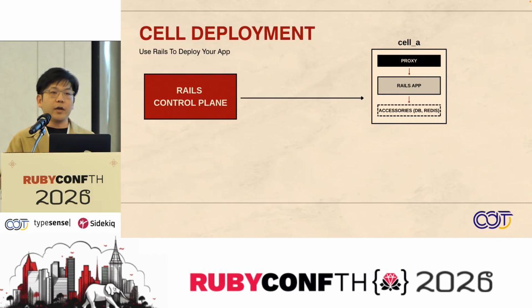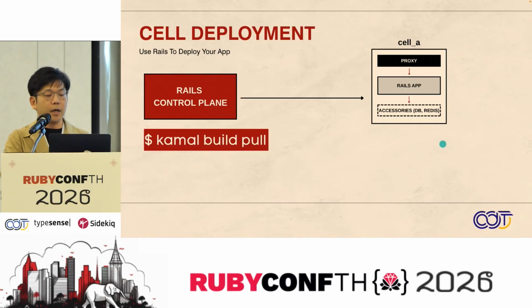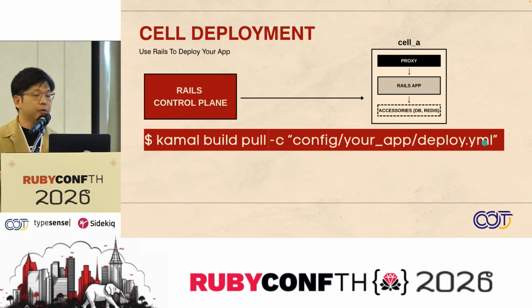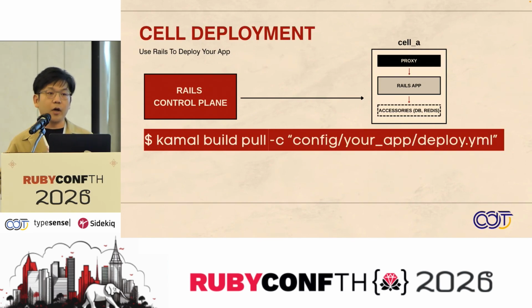In the previous step, we already have the image ready on the repository, right? And instead of using command deploy, we can use command build pull instead. And we need to tell command what we want it to deploy.